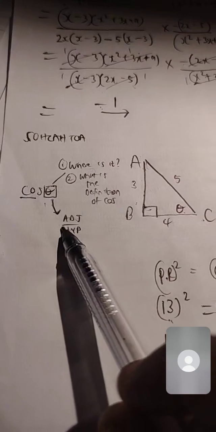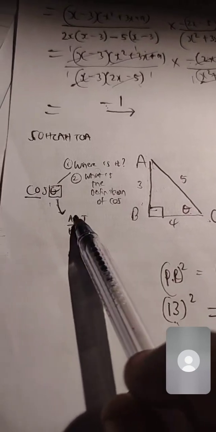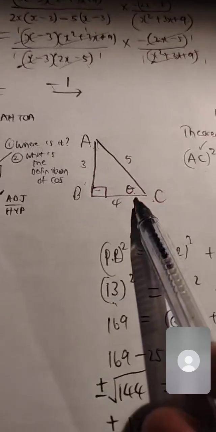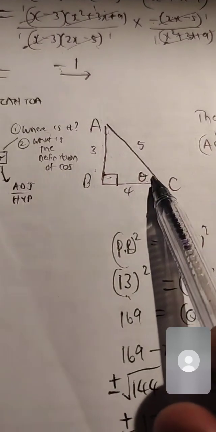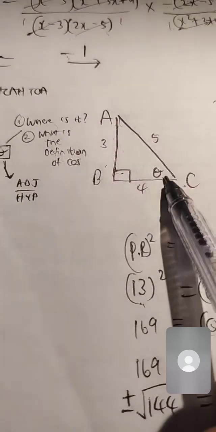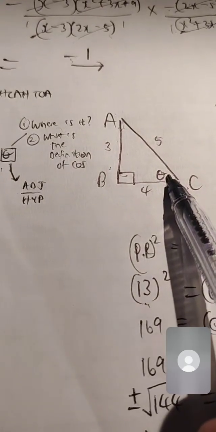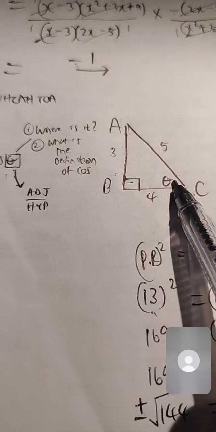Who is hypotenuse? Tell me first, which side is adjacent to theta? Oh, it's BC.